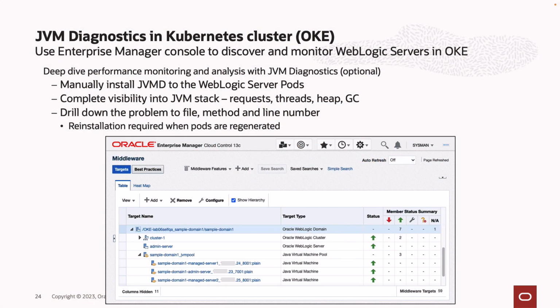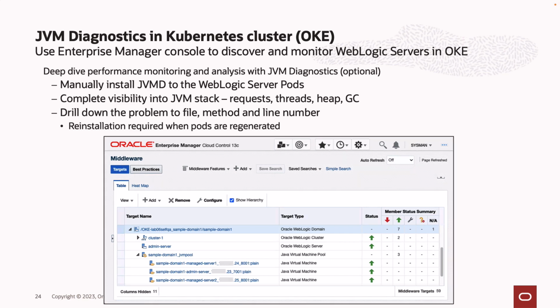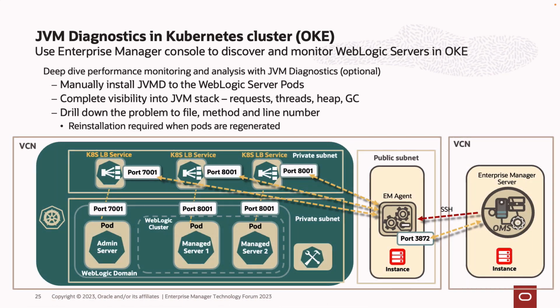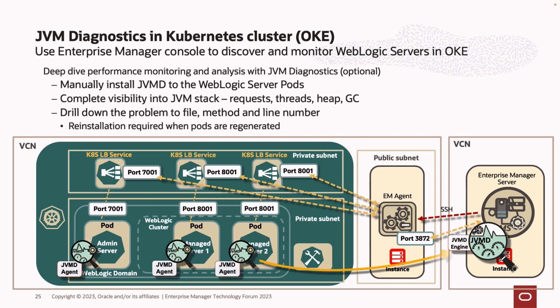And lastly, I would like to mention the EM capability to monitor WebLogic deployed on Kubernetes in the cloud. You can enable JVM Diagnostics on the WebLogic servers on Kubernetes and conduct deep dive analysis on their JVM. The diagram shows how it works at a high level. As mentioned in the previous section, JVMD consists of the JVMD engine, which is the core analytical portion of JVMD, and the JVMD agent, which is the data collector of the target JVM.